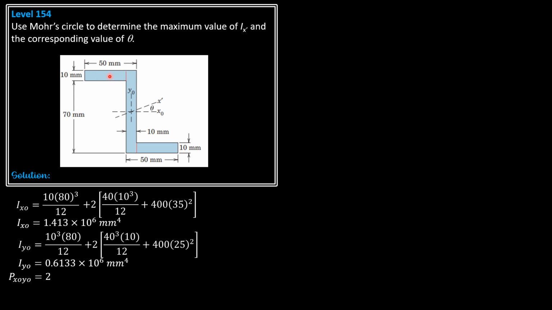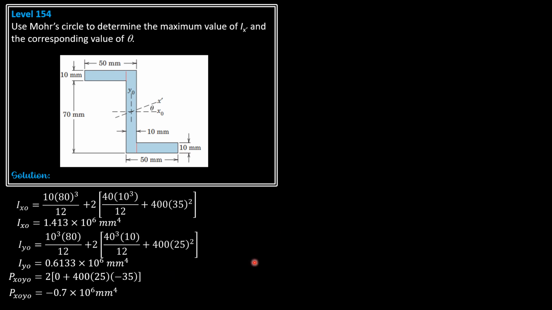So PXOYO is equal to 2 times, with respect to the centroid, for this 0. Of course, for the center rectangle, 0. Then plus area 400. This one, barred x is 25, barred y is negative 35. Then times 2. So product of inertia with respect to XOYO axis, negative 0.7 times 10 to the 6 mm to the fourth.